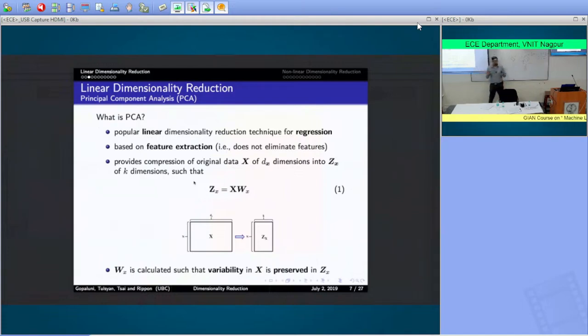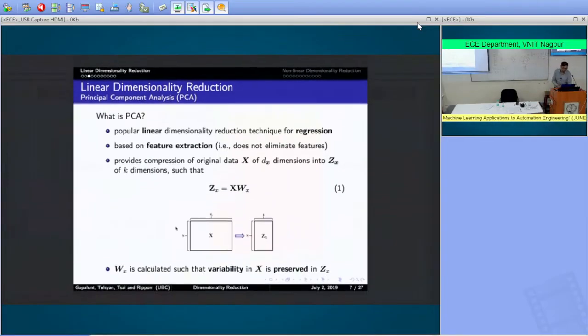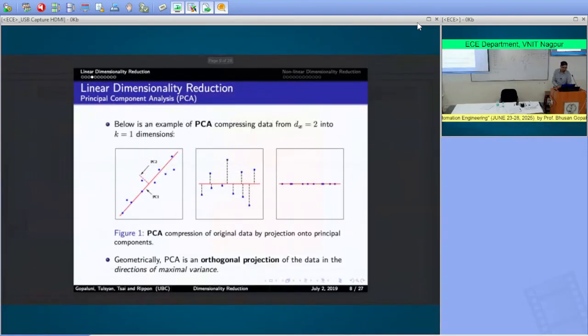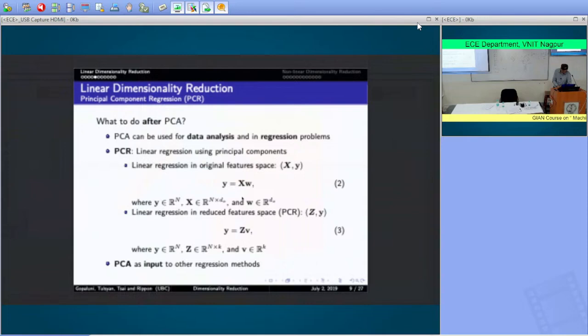So you try to preserve the variability, or the covariance, of these 2 matrices, the original matrix X and the transformed matrix Z. This is the same concept that I tried to explain here in 3 dimensions. This picture is doing it in 2 dimensions.